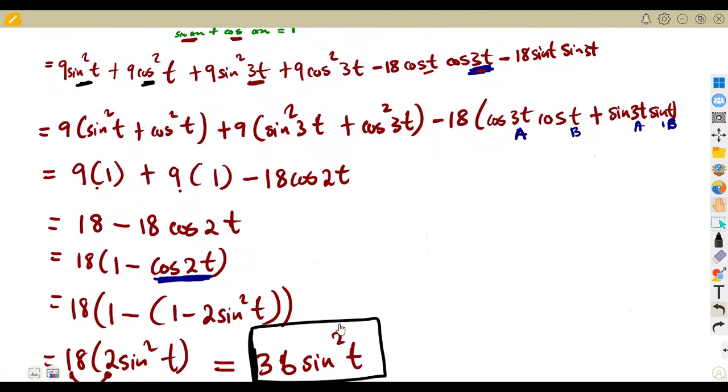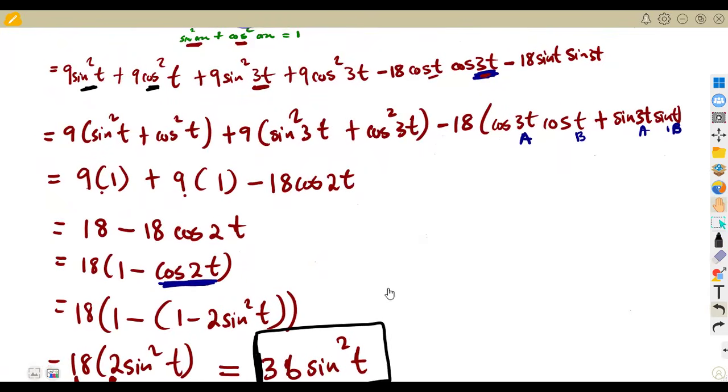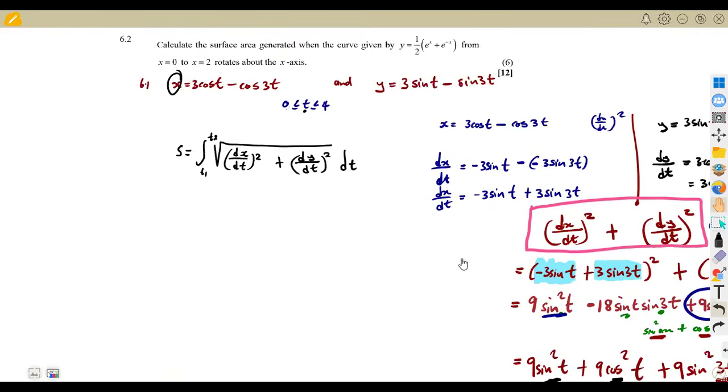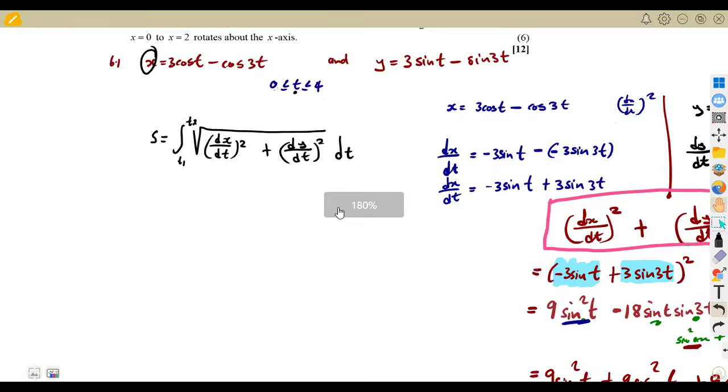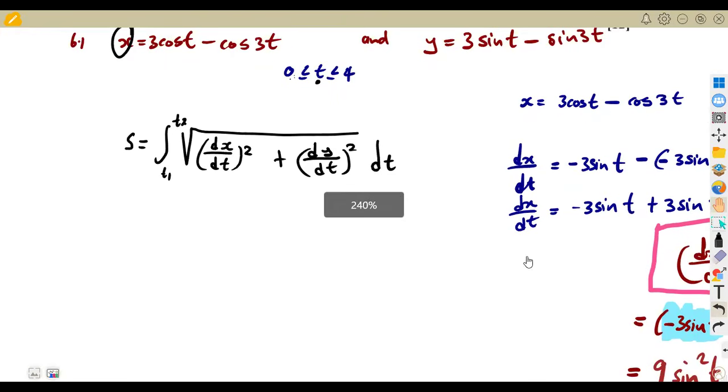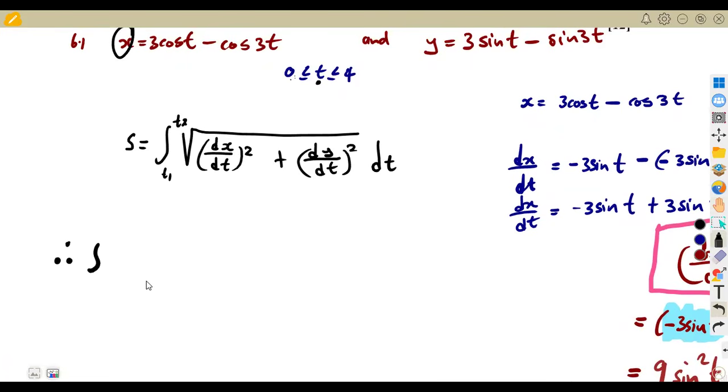Which is 36 sine squared t. So with this 36 sine squared t, we are going to substitute now into our formula here. Remember, this is our formula here for the arc length, if we are dealing with a parametric. So therefore, our arc length in this case is going to be taken as the integral of the square root of that part, this one.